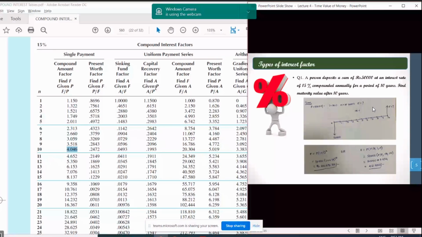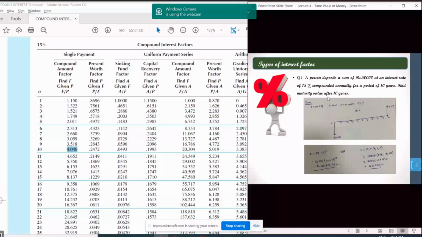No. Okay, so I guess now all have followed the compound interest table. Shall we move on to the next? Any confusion? Any doubts here? I don't think there is any doubt. So we shall move on to the next question.